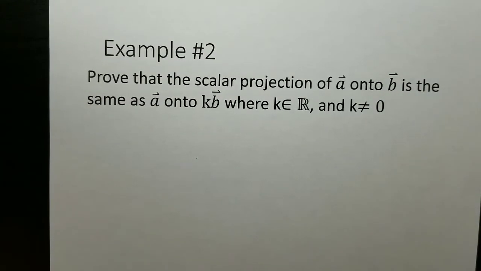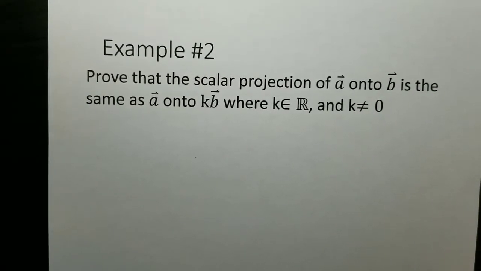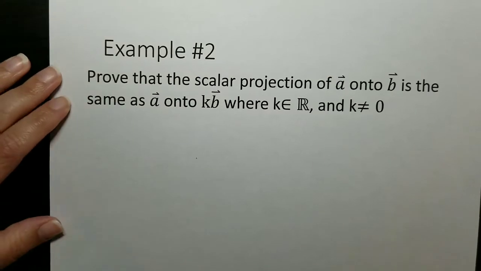Last example for scalar projections, we're going to talk about whether the scalar projection of A onto B is the same as the scalar projection of A onto K times B, if K is a real number that's not 0.